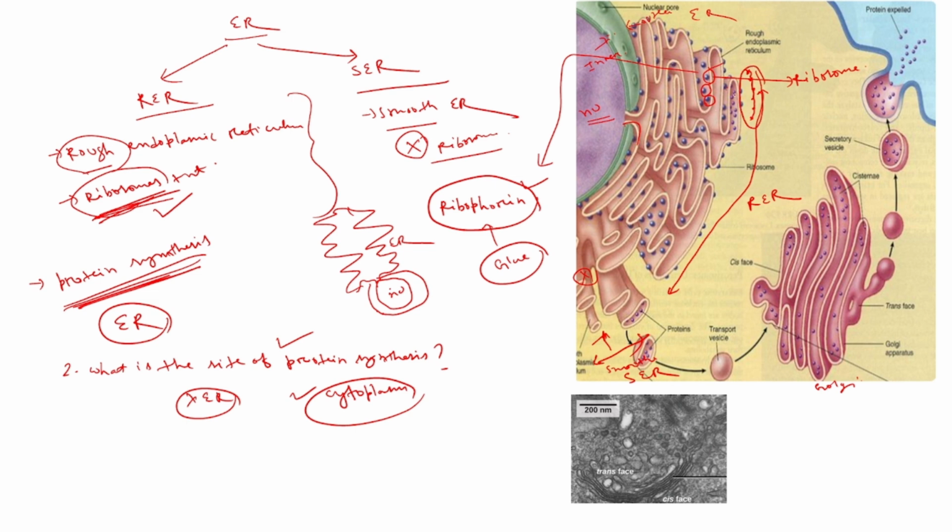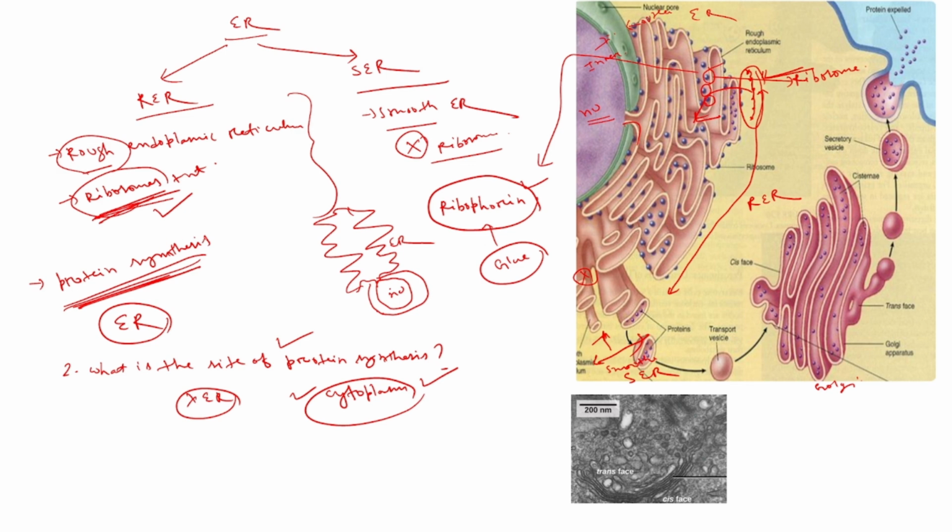Once the protein is synthesized in the cytosol, it then enters inside the rough endoplasmic reticulum. But first it is synthesized in the cytoplasm. Please remember this. If in the NEET exam it is asked what the site of protein synthesis is, the answer will be cytoplasm.